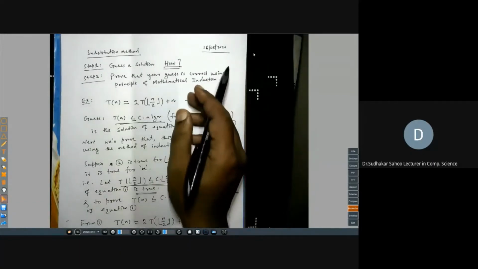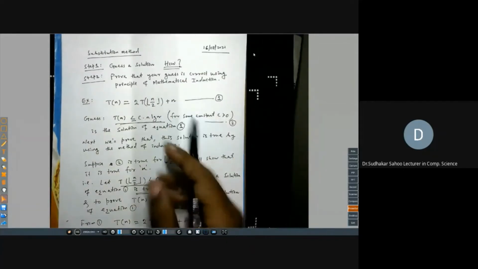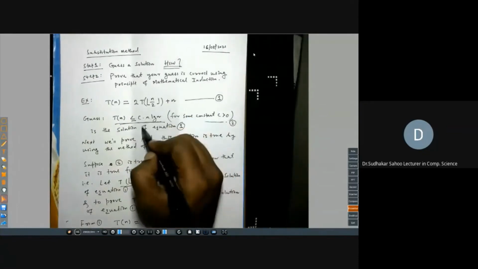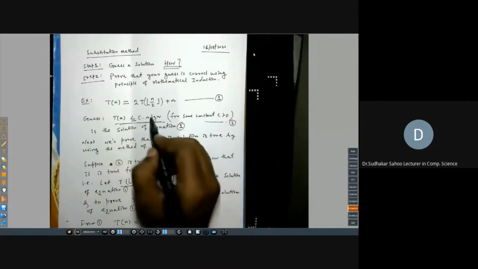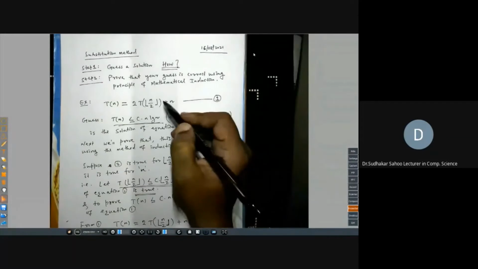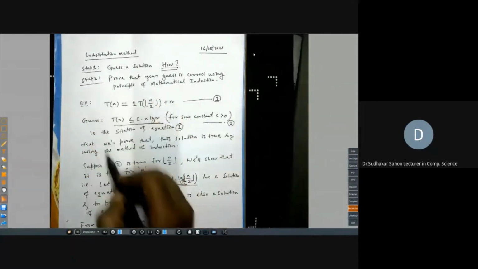Check your class notes, so it is n log n. I knew the solution is theta n log n using the recurrence tree method, but that is not an acceptable method. That's why let us prove it using substitution.